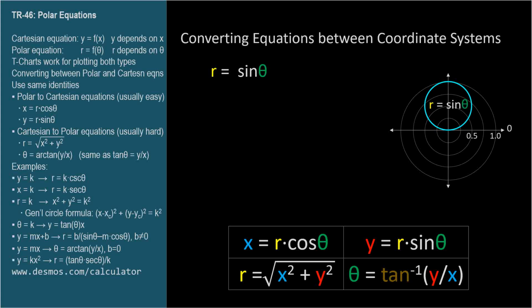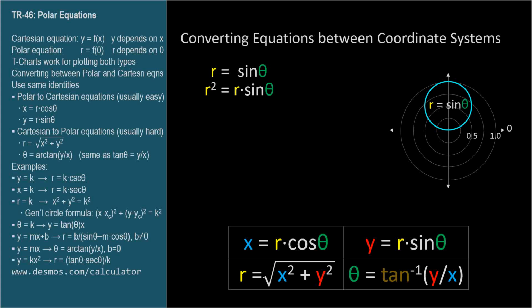We start with r equals sine theta. Let's look at our identities to find some substitutions. The variables in the equation are r and theta. We want to convert them into x and y. Well, we have an identity with r sine theta, which almost matches what we have, sine theta. So let's multiply both sides of our equation by r to get a match.